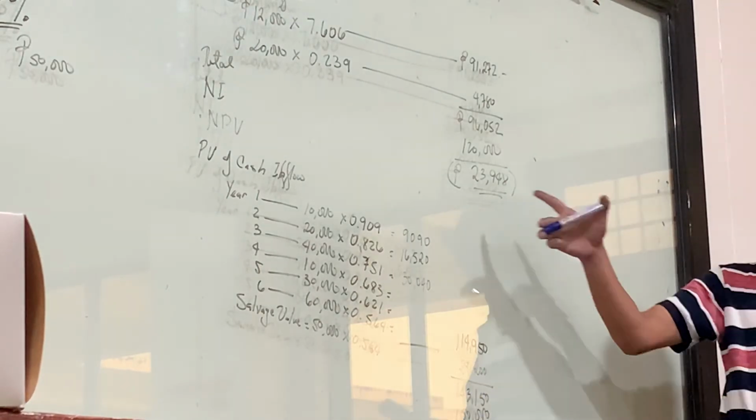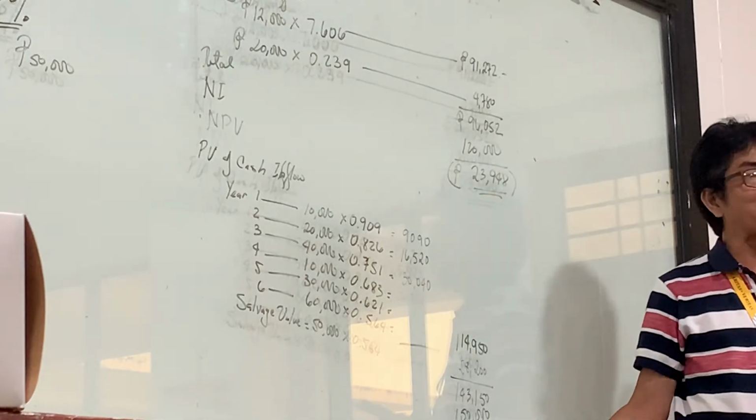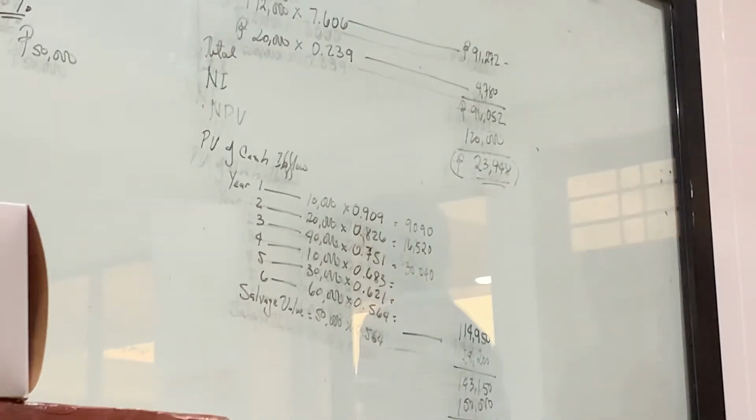Okay, this is the net present value for project A, and this is the net present value of project B, considering time value of money.